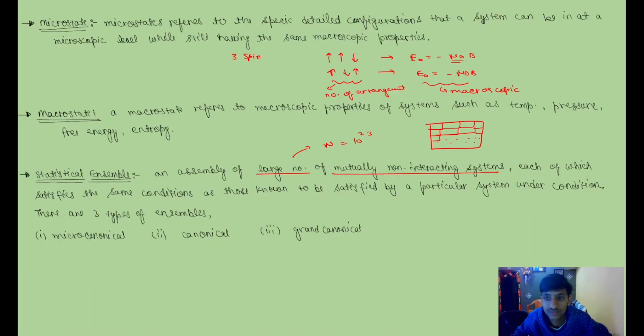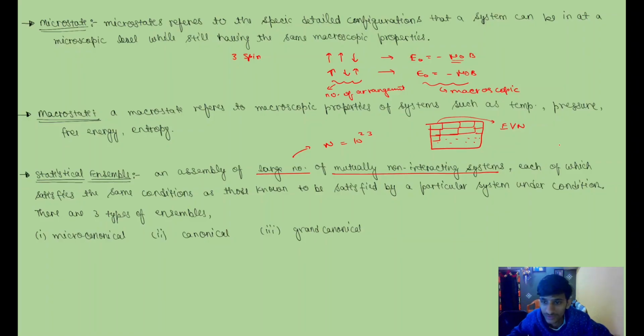But they will have some common properties. These common conditions, just like I will take the example of the microcanonical ensemble. So what we'll have there is E, V and N: the energy, total volume and total number of particles of all these mutually non-interacting systems will remain the same.